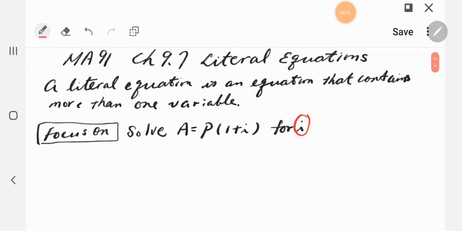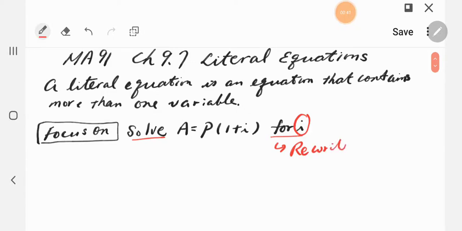That means we will rewrite the equation. Solve for I means rewrite the equation so that it looks like I equals something. Rewrite the equation so that I is on the left side of the equation, and then the right side of the equation will be the solution for this.